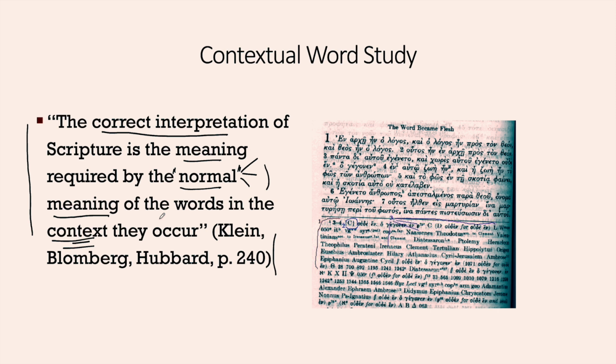That's an important point of doing word studies, because oftentimes we focus on this range of meaning. Well, there's all these possibilities for the meaning of this word, but we often forget that they occur within a context, and that context is so very important for understanding what exactly the correct interpretation is. What's the author trying to get at here in what he's writing?